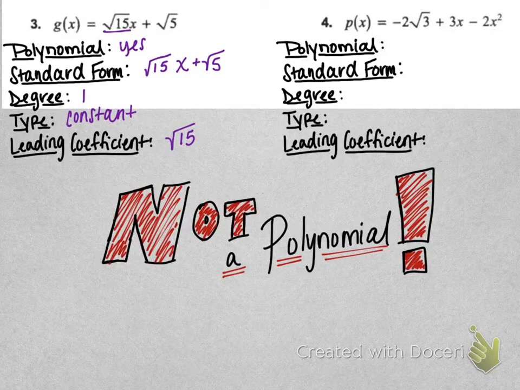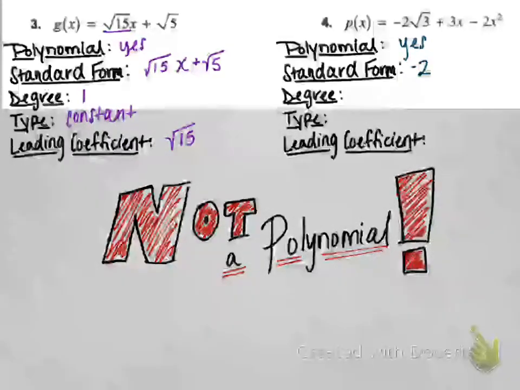So then number 4, same idea. We're looking for anything that's super out of place, and we can see that there is not. So we are going to say, yes, it is a polynomial. And when we write it in standard form, we have x squared that's going to come first, and we're going to take the whole piece and put it first. So it's going to say negative 2x squared.